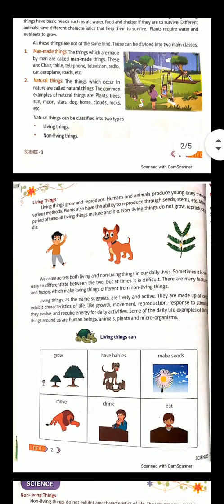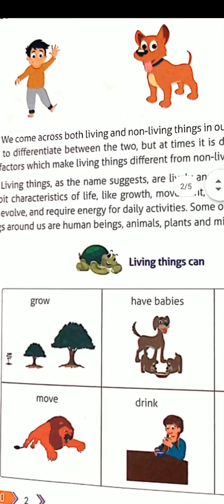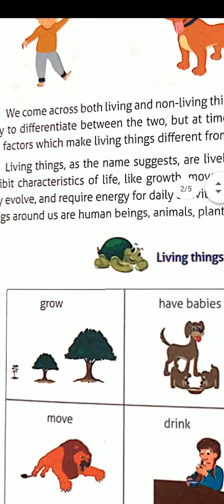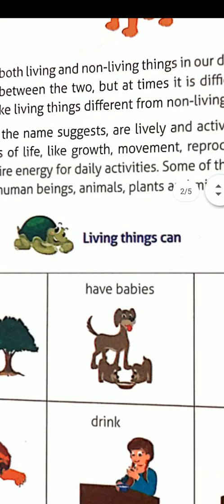In this picture, you can see a small sapling growing into a huge tree. This shows that living things are growing. In the next picture, you can see a dog has given birth to two puppies. What do you mean by puppy? Puppies are babies of dog.